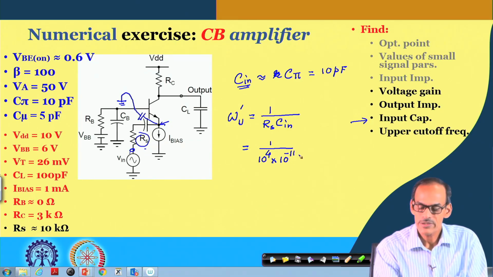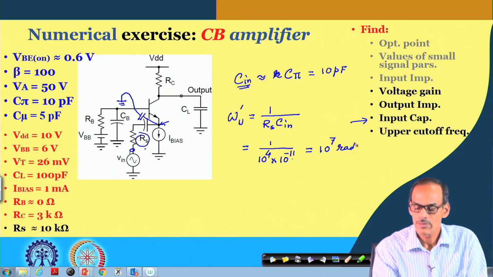So, that gives us minus 7 here. So, this is equal to 10 to the power 7 radian per second.